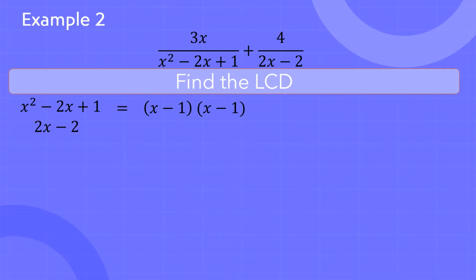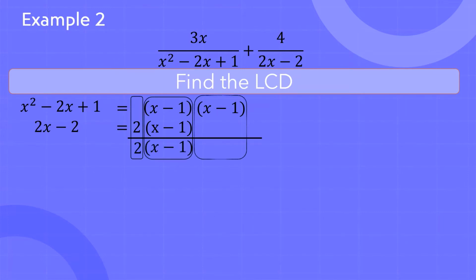Then, 2x minus 2 can be factored out by using common monomial factor. Okay, then we have factors 2 times x minus 1. Okay, so i-multiply lang natin itong mga factors na to. So we have 2 times x minus 1 times x minus 1. Okay, ito ngayon yung ating LCD.